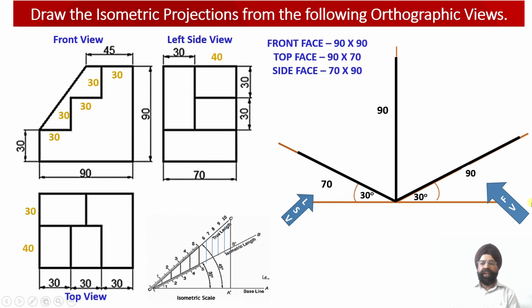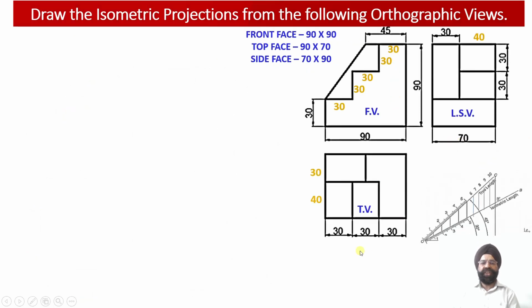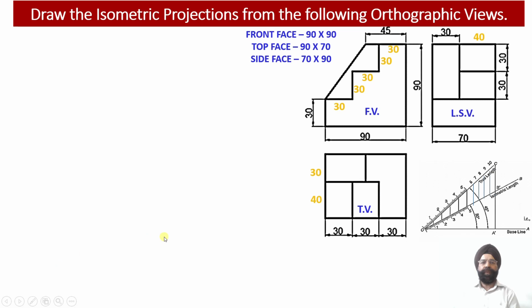And as we already know, the front view will be constructed along the YZ plane in the isometric axis, and the left side view will be developed along the XY isometric plane in the isometric projection. So in order to draw the isometric projection, first we need to construct the isometric scale, in which the true length will be drawn at an angle of 45 degrees.